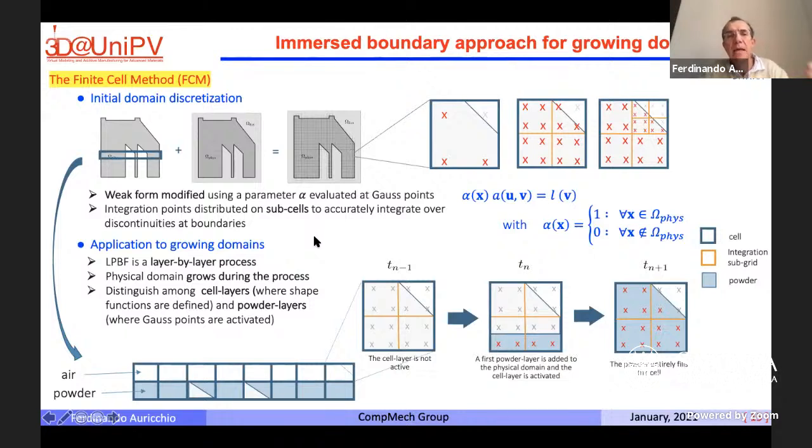The layer can be as small as a real powder layer, or it can be a group of powder layers, and so on. So you're very flexible because the geometry is fixed, and you choose how many non-physical layers you progressively activate.